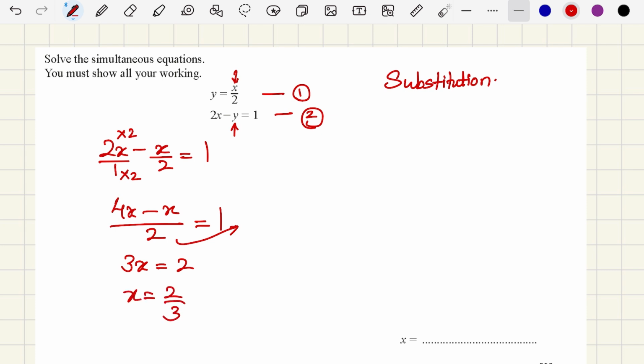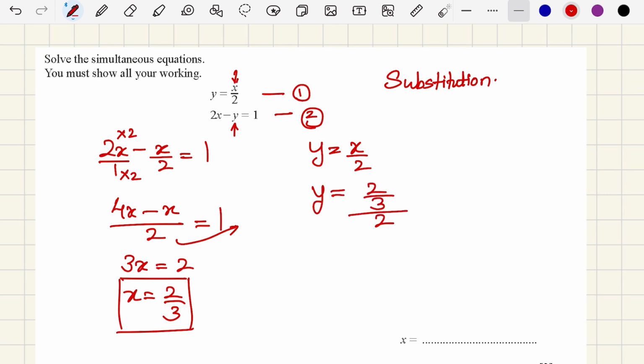I hope you all understood the value of x. Now once you have the value of x, you already have y equals x by 2 as your equation. You can plug in the value of x in the equation. So what I'll get? y equals 2 by 3, the whole thing divided by 2. Whenever you have a fraction upon a fraction, there is 1 in the denominator for 2.